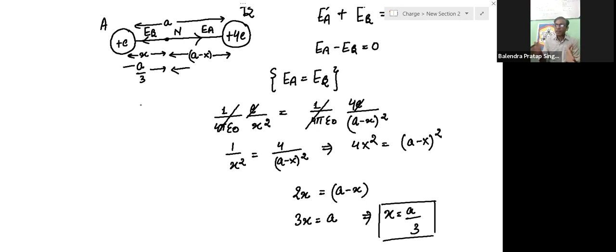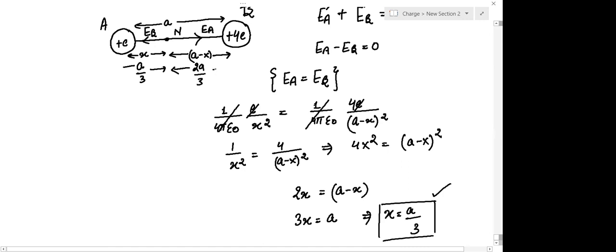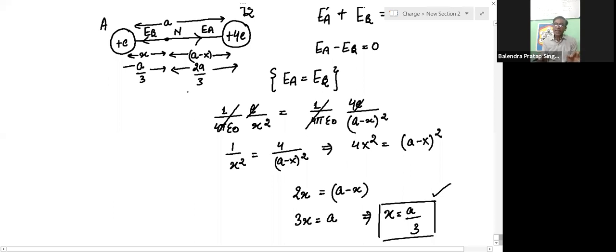Minashi, what will be the next distance? If x is equal to a by 3, exactly, that is 2a by 3. So the neutral point lies a by 3 distance from plus e charge and 2a by 3 distance from plus 4e charge. Okay, so in this way you can solve this problem.